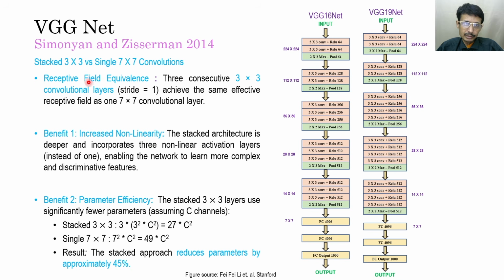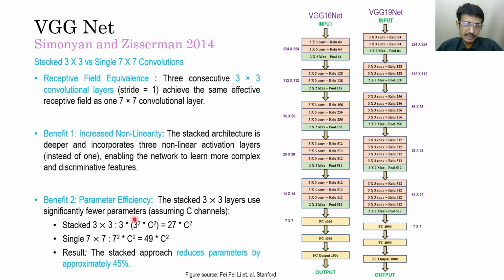But benefit one for stacked 3x3 is increased nonlinearity, which we have seen before. The stacked architecture is deeper, and incorporates three nonlinear activation layers instead of one for the 7x7, enabling the network to learn more complex and discriminative features.